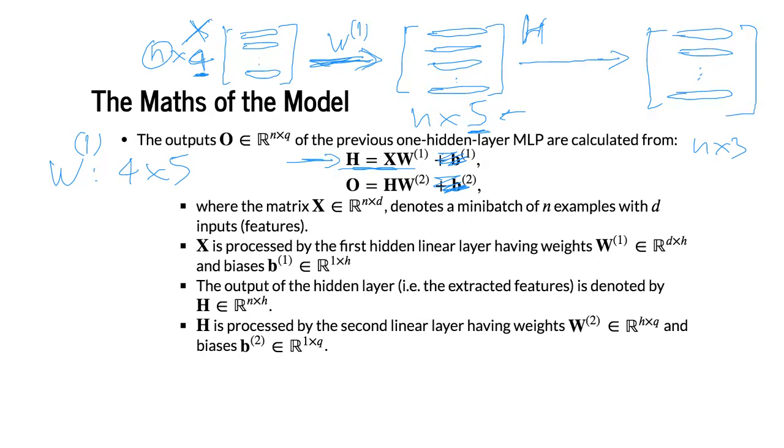And then the second transition from H to O, which you see over here, is described by this equation over here. And the transition is done using this W2 matrix, so W2 will have dimensions 5 times 3.